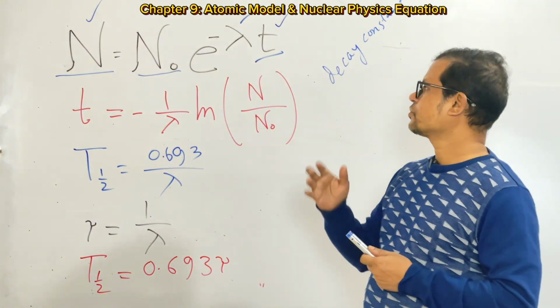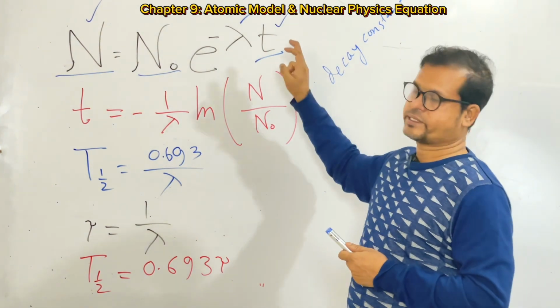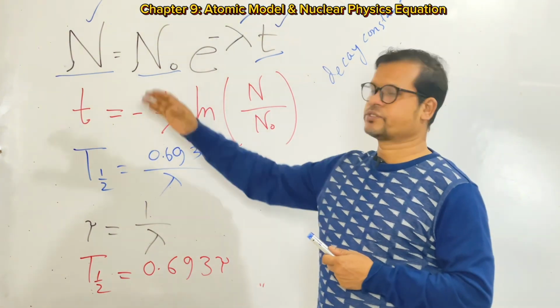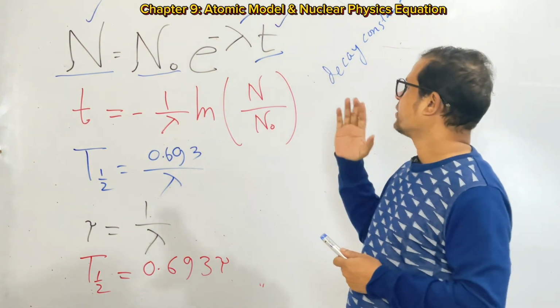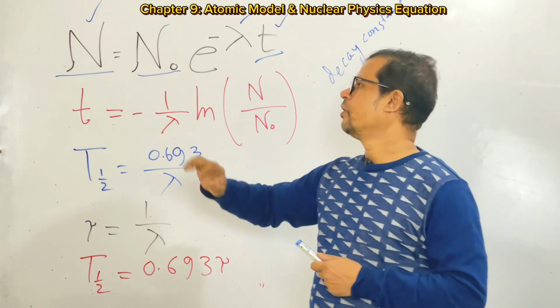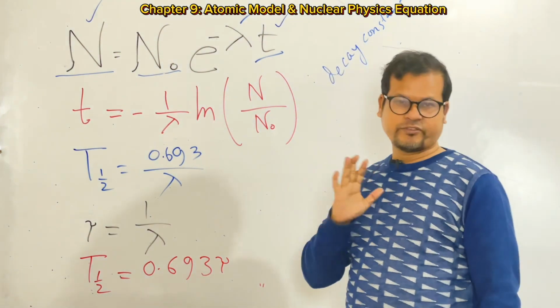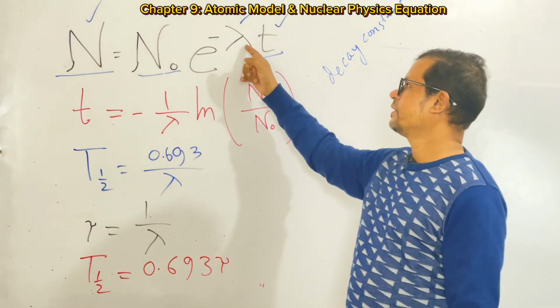So if the question gives you the initial atoms, decay constant and decay time, then you can find the remaining atoms. And if the question gives you the remaining atoms, the number of atoms at first, and the time, then you can find the decay constant.